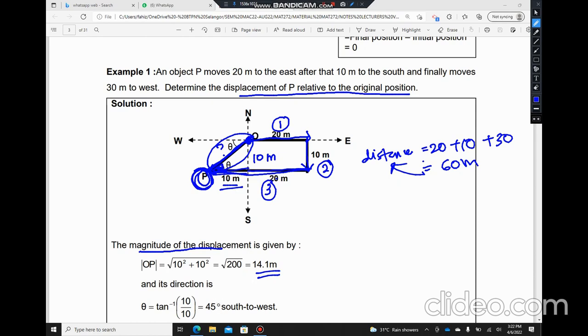Okay, so this one solution for example 1. So baca betul-betul, dia nak displacement. Displacement dia adalah final position minus initial position. Dia berbeza dengan distance. Kalau distance awak just total semua jarak yang ada dalam problem tu.